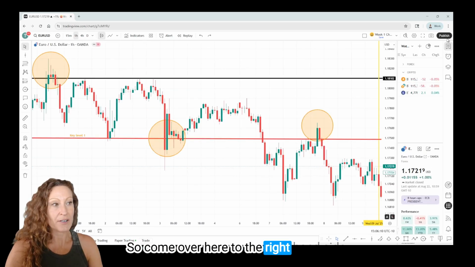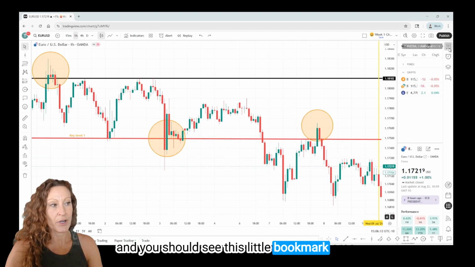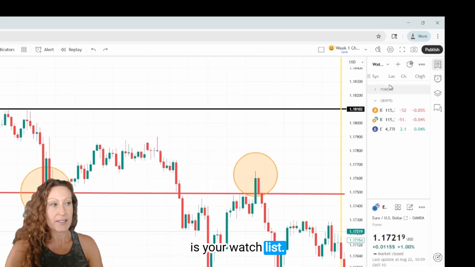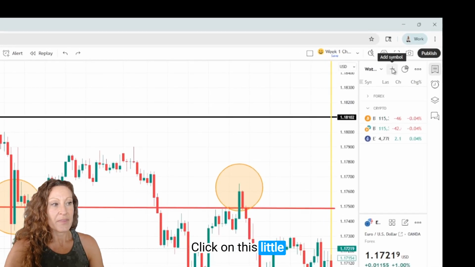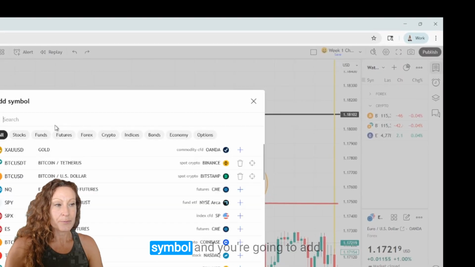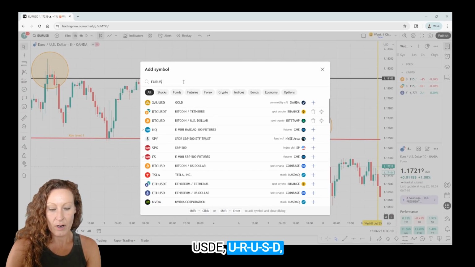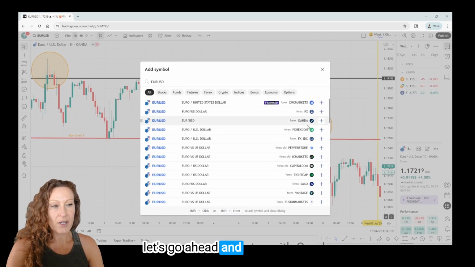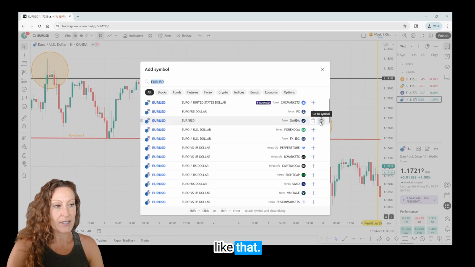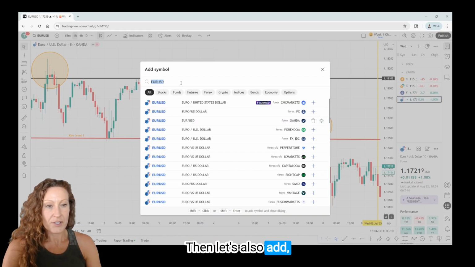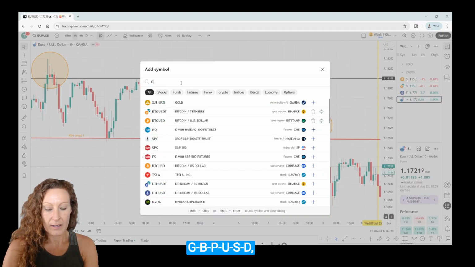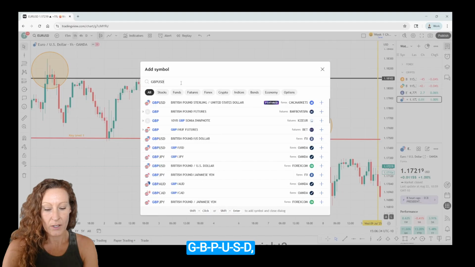So come over here to the right-hand side, and you should see this little bookmark area. This is your watch list. Click on this little add symbol, and you're going to add Euro USD, EURUSD, and let's go ahead and stay with Oanda, just like that. Then let's also add GBP USD, right?